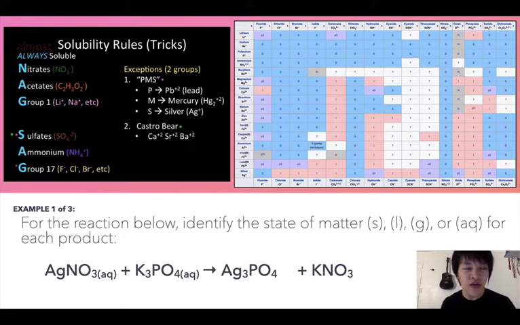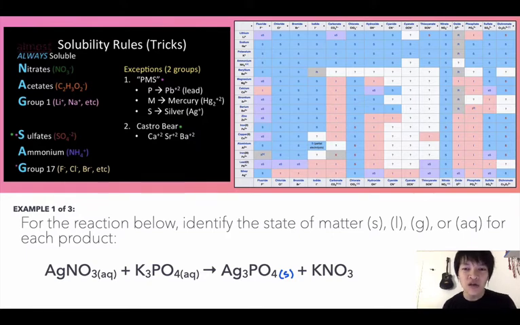If we were to use the NAGSAG rule, you're going to notice that phosphate isn't even found on the always soluble column. If it's not found in the always soluble column, it already automatically makes silver phosphate insoluble, meaning it's going to form a solid precipitate. And that means we're going to just write in small parentheses S next to silver phosphate.